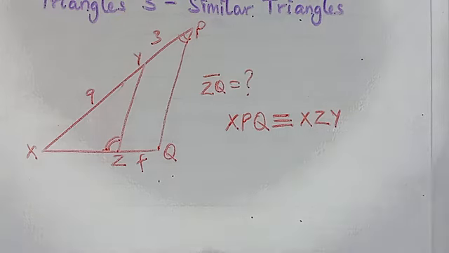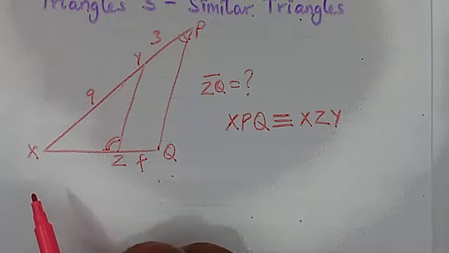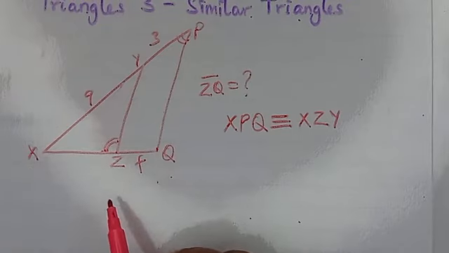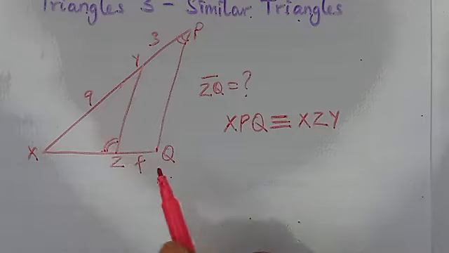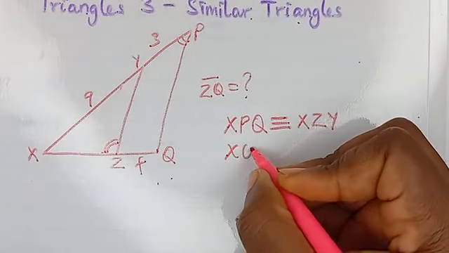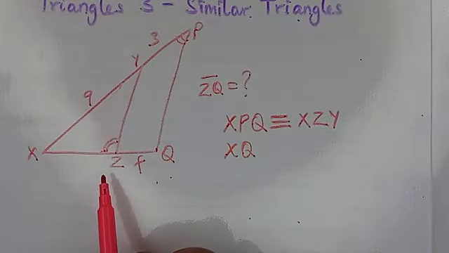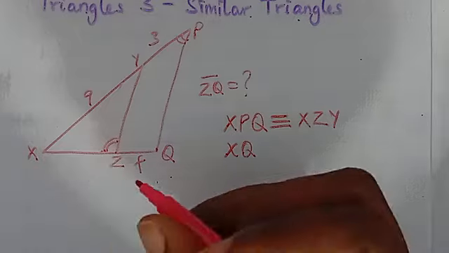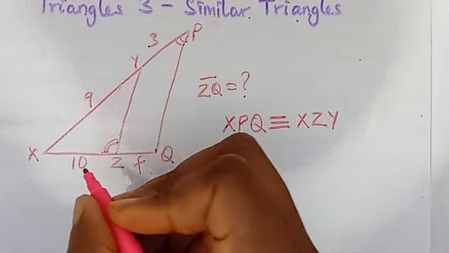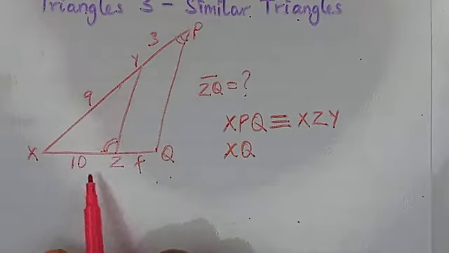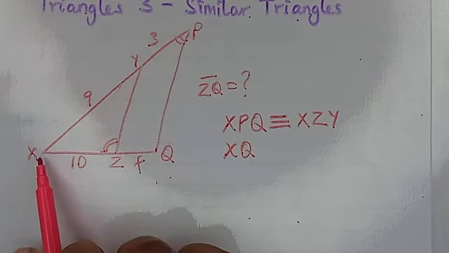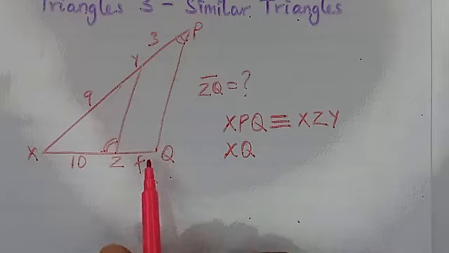Okay, so now, like I said, I like starting with the side that contains what I'm looking for. So we have XQ. This one is not complete, so we have that here is 10 cm. So when we get this side XQ, we subtract this 10 from it to find what ZQ is.